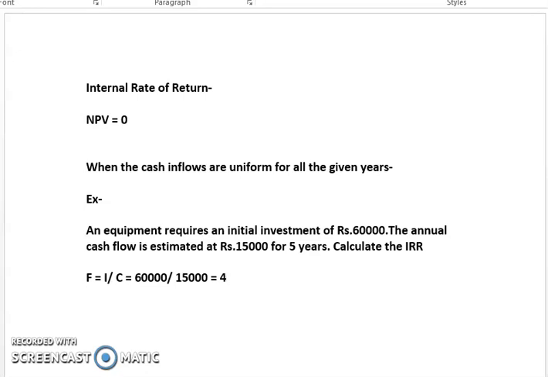So what is this 4? 4 is the factor. We have to consult this factor in the present value annuity table for the 5-year period.